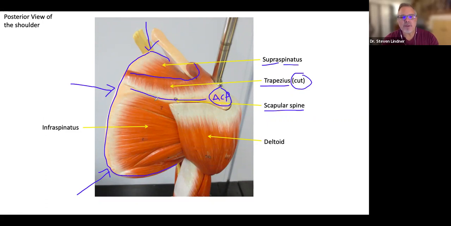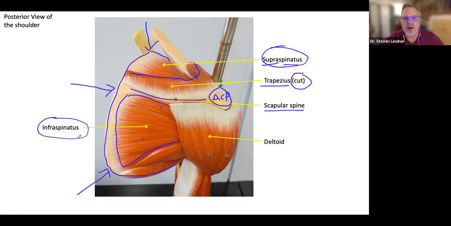Supraspinatus. And once we go below, all of this, I'm going to outline it for you here. All of this, that's the infraspinatus. You have a supraspinatus and you have an infraspinatus. Those are two of the four rotator cuff muscles. You can't see the insertion of the infraspinatus because the deltoid right here is superficial and it's covering it up.